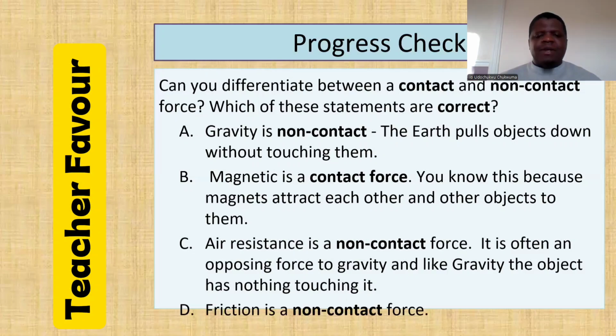And C. Air resistance is a non-contact force. It is often an opposing force to gravity. Unlike gravity, the object has nothing touching it. And D, friction is a non-contact force. So which of these statements are correct? A is the correct answer.